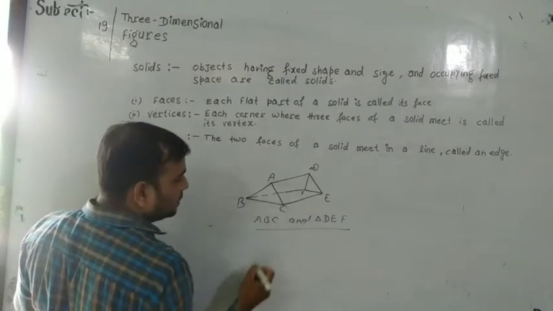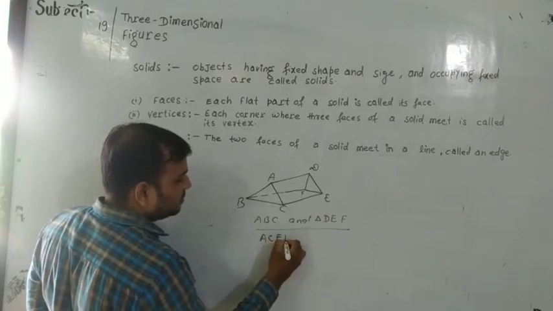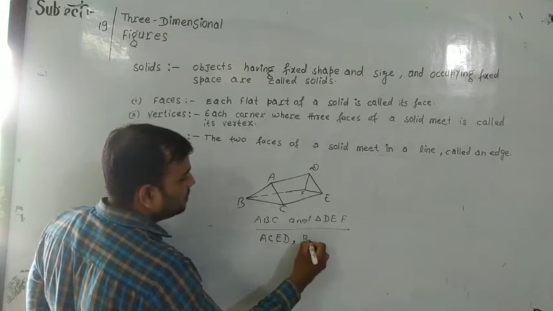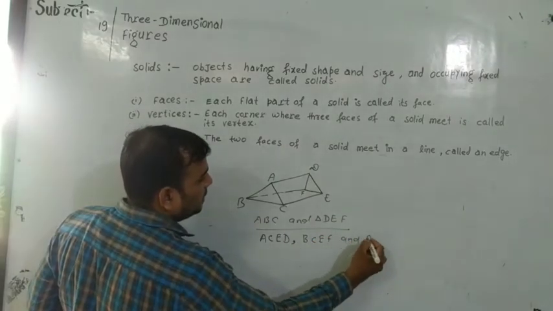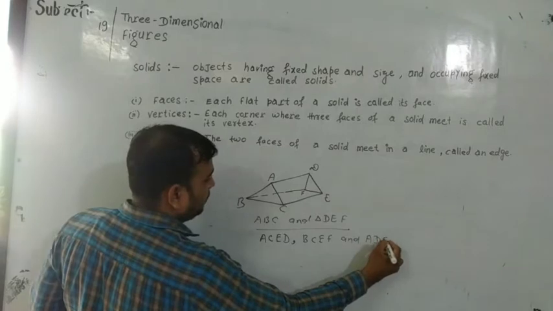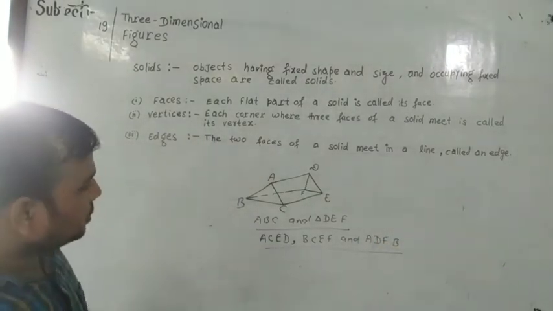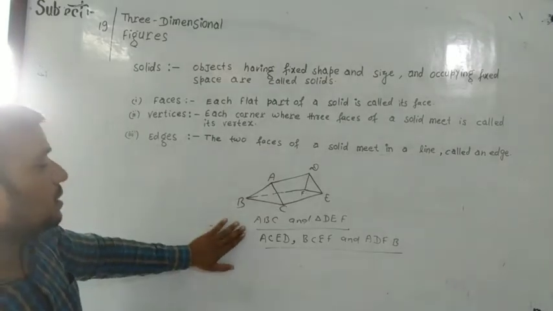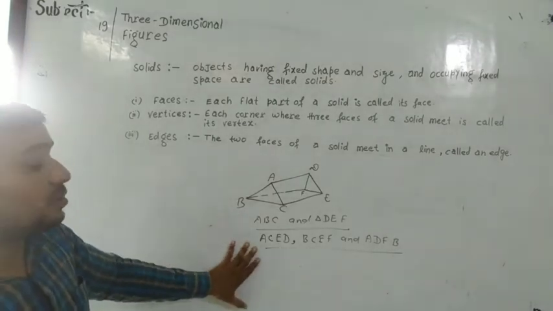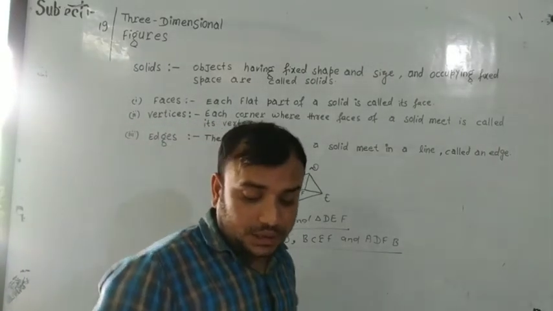But here 3 rectangular surfaces: A, C, E, D; B, C, E, F; and A, D, F, B are 3 rectangular surfaces. So in this prism, there are 2 triangular faces and 3 rectangular faces. Okay dear students, take a screenshot.